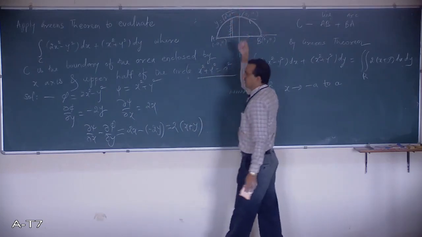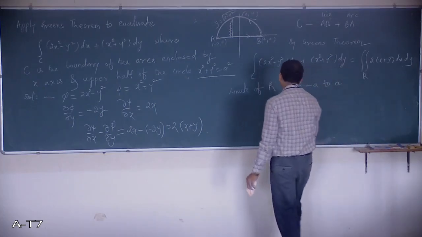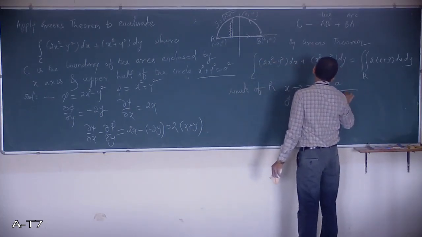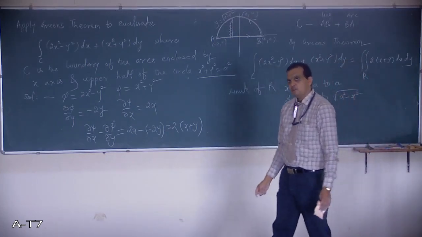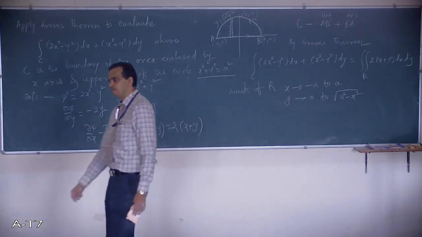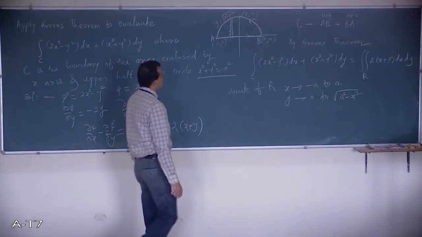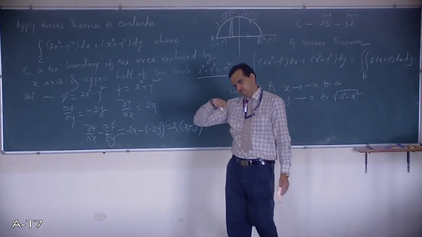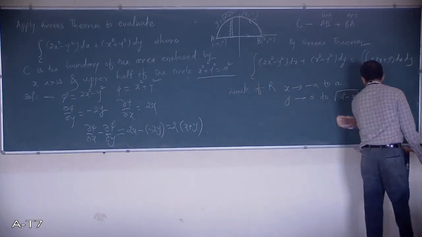It is above the x-axis, so positive, hence don't worry. Y will go from the base, 0. I hope this is clear. These are the vertical limits for the strip, the y values, which go from the base AB up to the strip along that circle arc, the circumference rather.